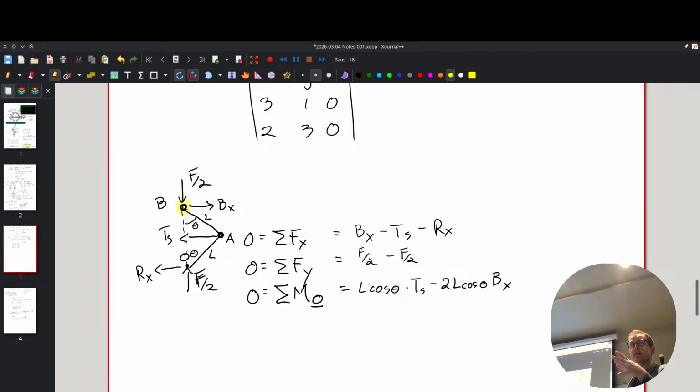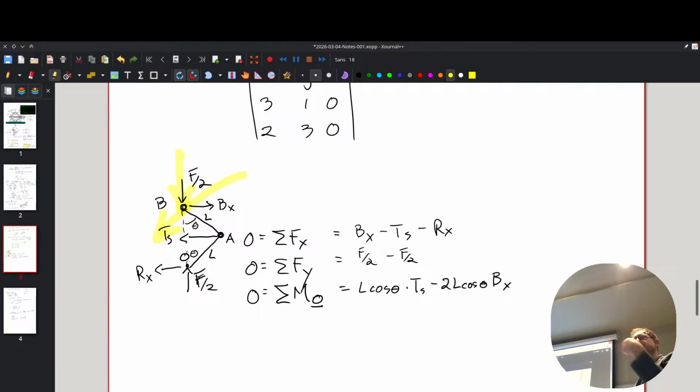And this is a great clarifying question because it came up earlier of why did I include, if there's no external X direction force, these BX reaction forces? Shouldn't they just be 0? If you have this structure and you push on it, as I push that F/2 down, that top link is going to want to fall to the left.